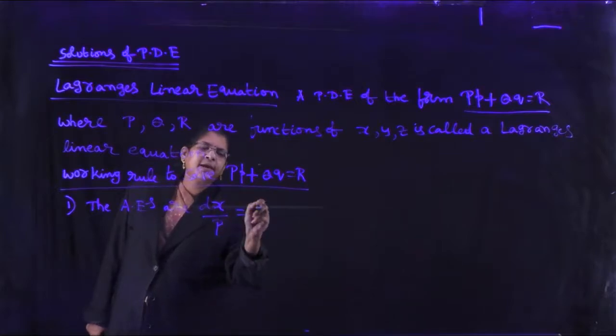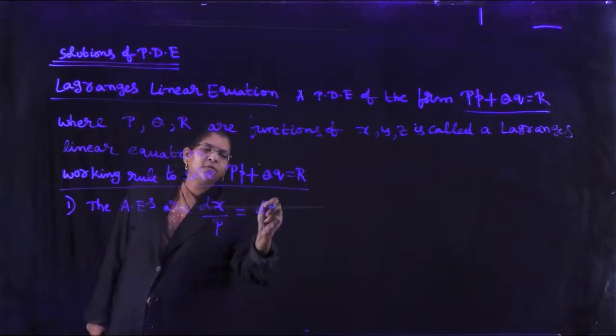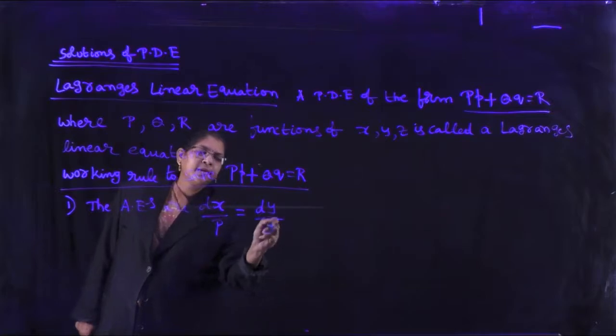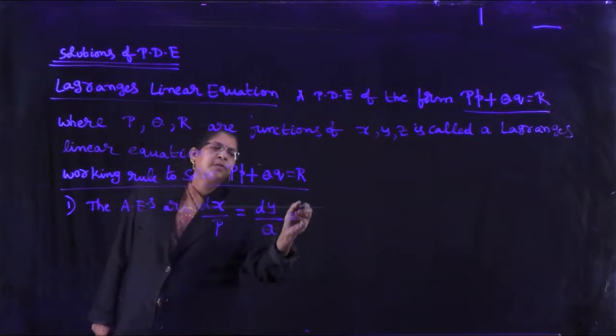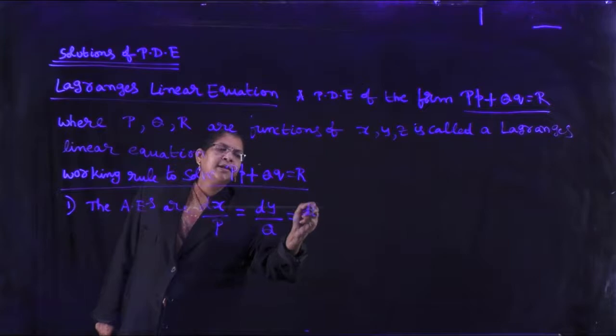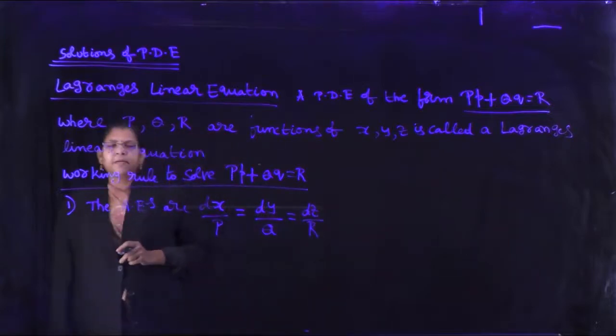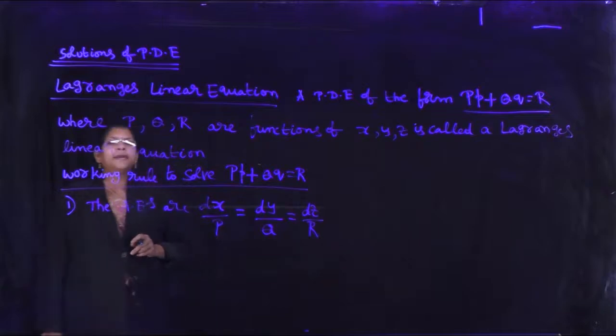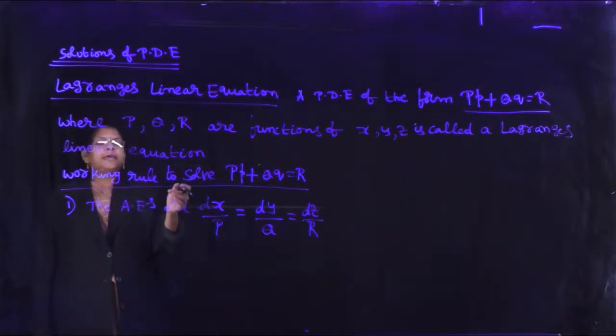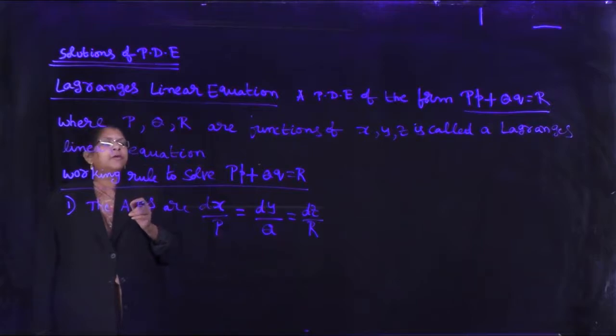Dx by capital P equal to dy by capital Q equal to dz by capital R. So what is the first point? Write down the auxiliary equations. What are the auxiliary equations? Dx by P equal to dy by Q equal to dz by R.